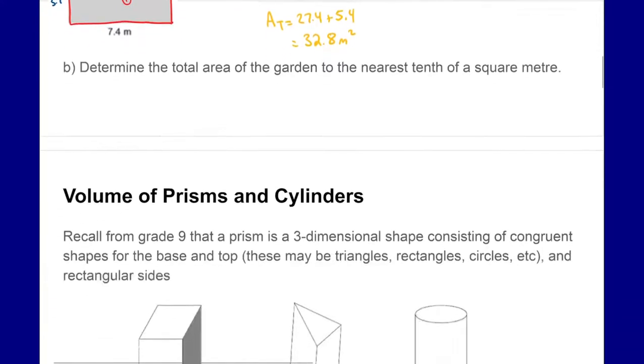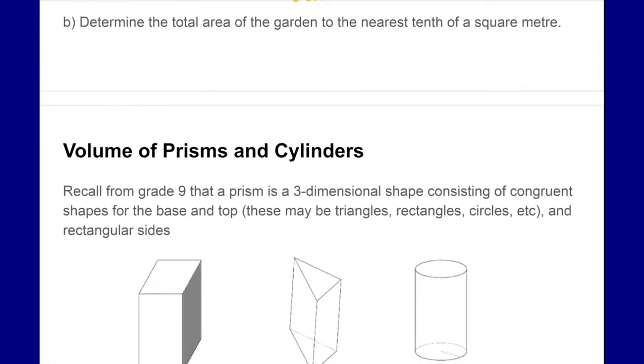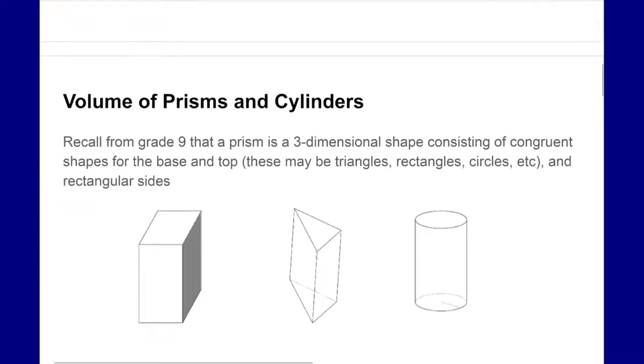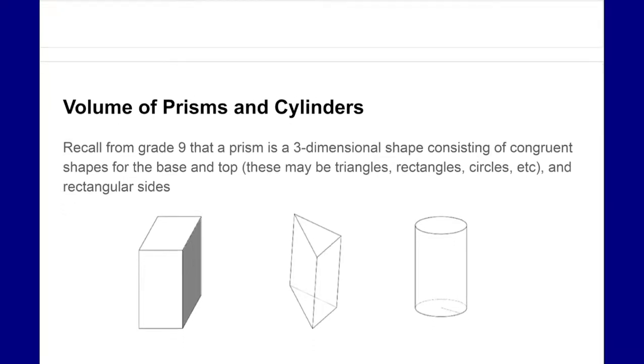So for volume and prisms, recall from grade 9 that a prism is a three-dimensional shape consisting of congruent shapes for the base and top. So these bases may be triangles, rectangles, circles, and so on, and it has rectangular sides.